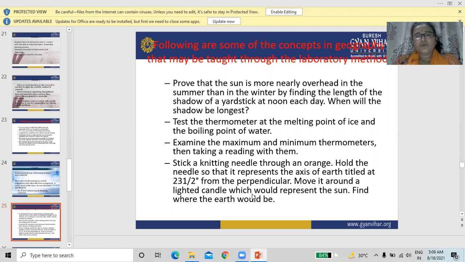Move it around a lighted candle which would represent the sun. Find where the earth would be.